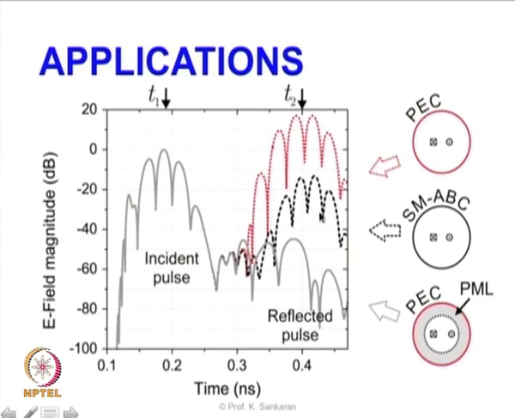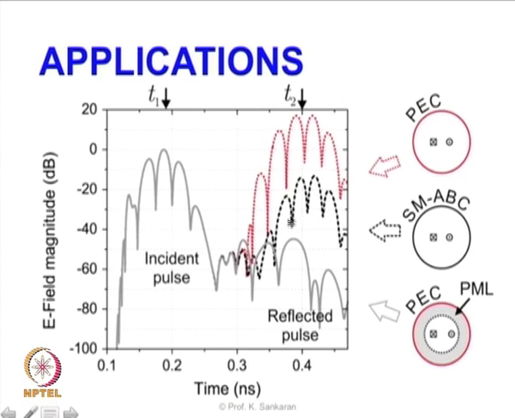Second thing is we see clearly the E field magnitude in decibel, in this case the reflected E field, which is quite high in the case of the Silver-Müller boundary condition, but in the case of PEC we are seeing it as a test case where everything that is coming is getting reflected. You can see that the magnitude is slightly larger because there is a superposition and also numerical error, and you can see that whatever is going in is getting reflected.